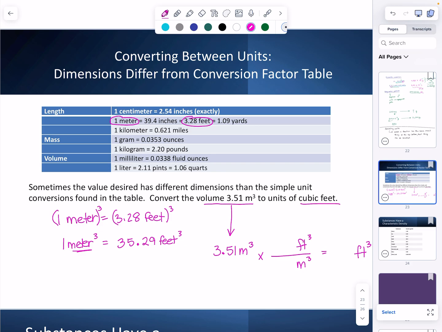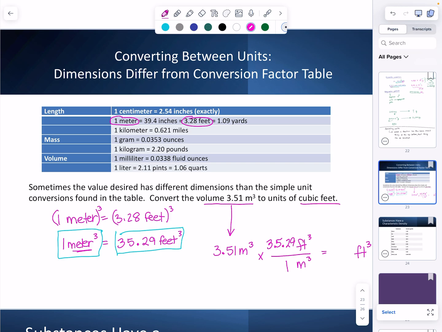What number is going to be on the bottom? Is it going to be 1 or is it going to be 35.29? It's going to be 1, right? Because when I have a unit conversion, the number always stays with the unit. So the top is going to be 35.29.